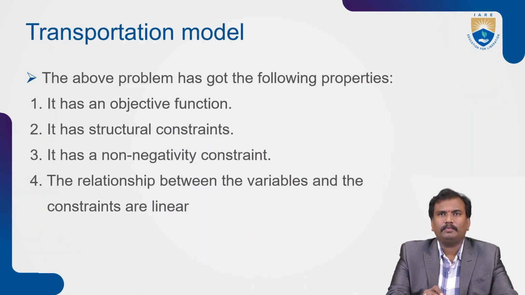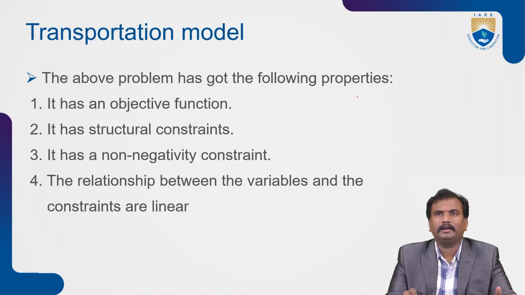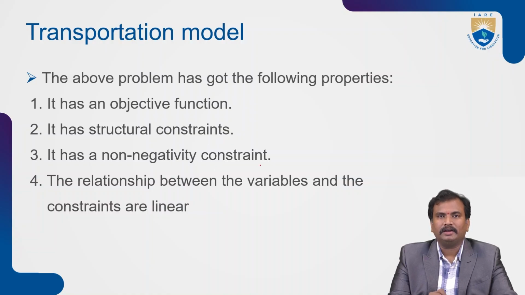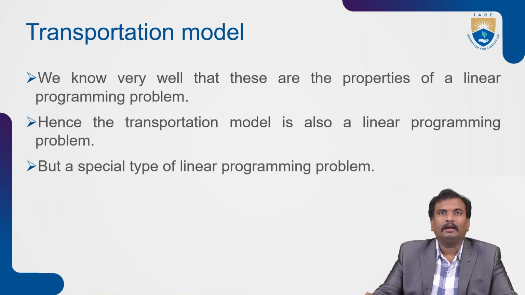Here, the above problem has the following properties. Any transportation problem has an objective function like in linear programming, structural constraints, and a non-negativity constraint, and the relationship between the variables and the constraints is linear.